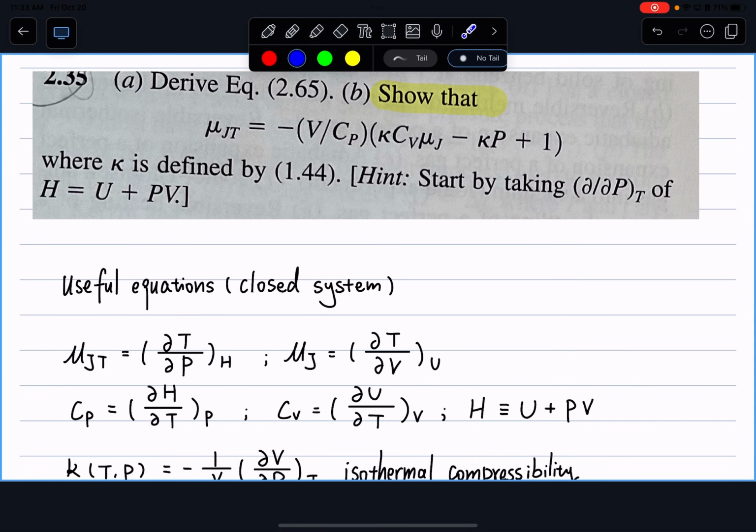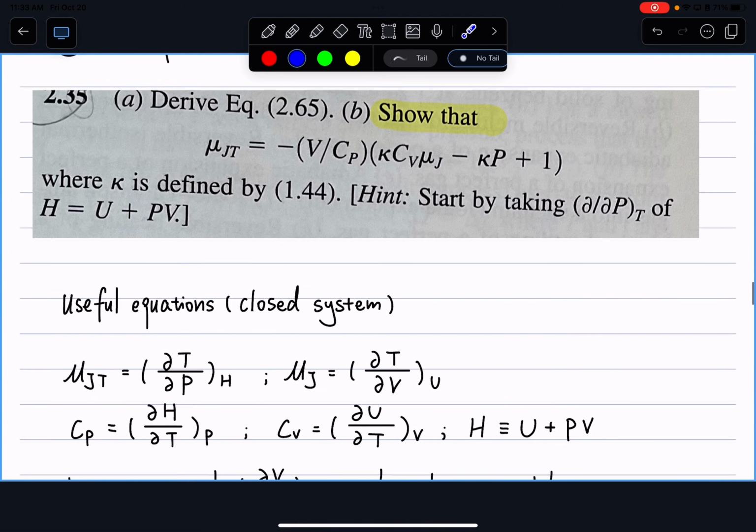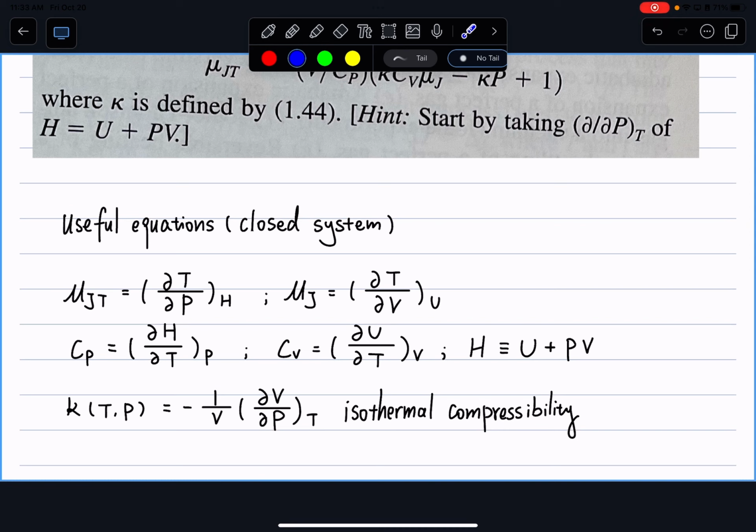It also leads you in this problem, asking you to prove equation 2.65 again. In equation 2.65, we know that this one is negative Cp mu JT. We can rewrite that here.